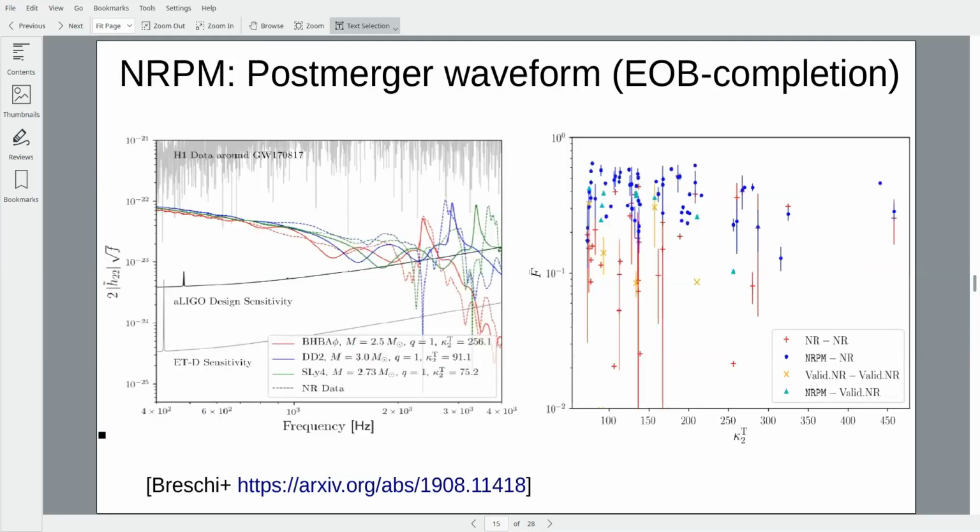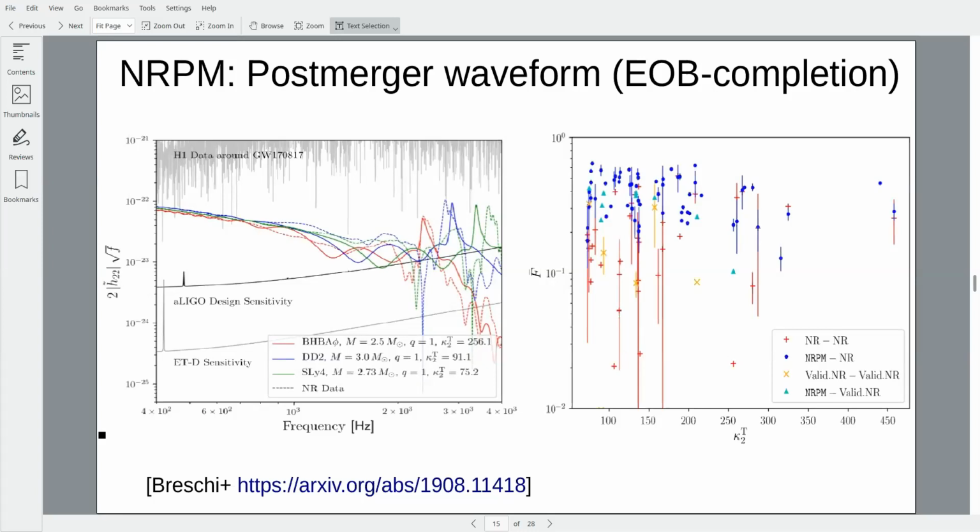And what we have now is a model that is built from a completion of the EOB model at high frequency that's fully informed, or fully taken, from numerical relativity. And we do have available a complete waveform model that can predict the whole range of frequencies.